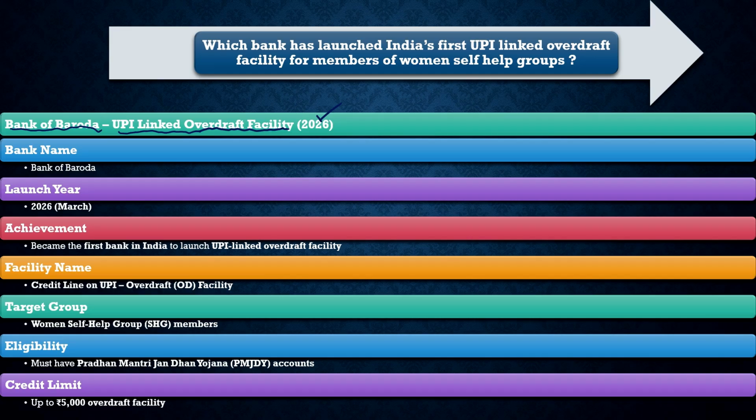So the bank name is BoB, Bank of Baroda, and launch year 2026 March, and the first bank in India to launch a UPI-linked overdraft facility, a credit line on UPI, for women self-help group members, okay.